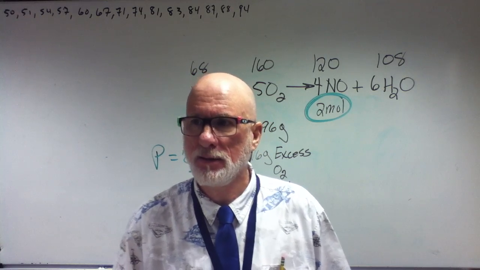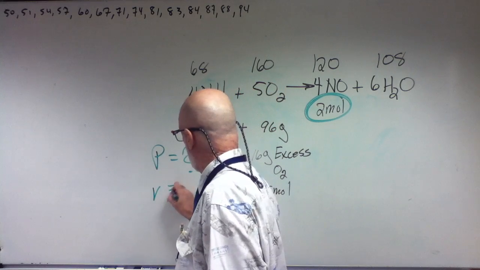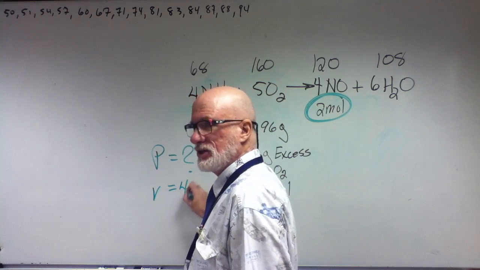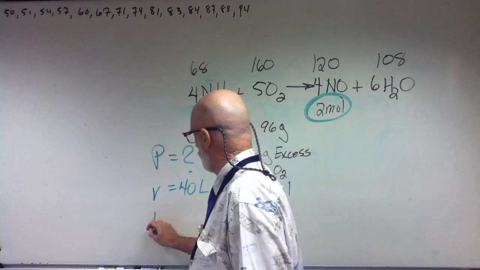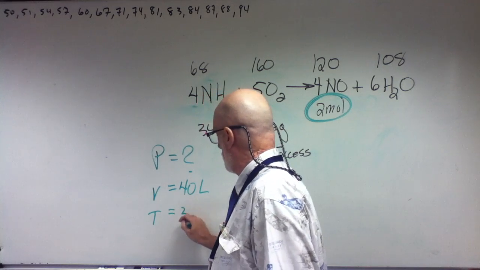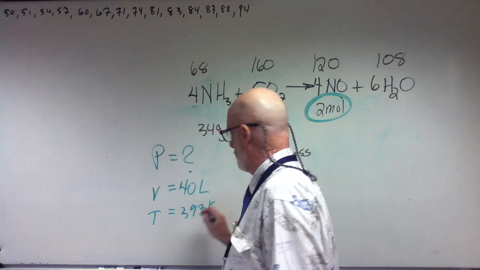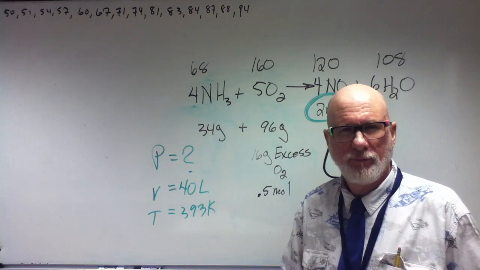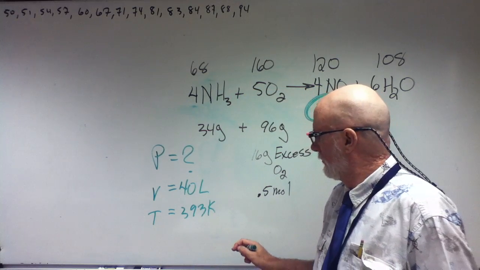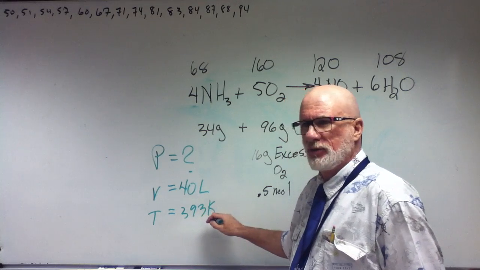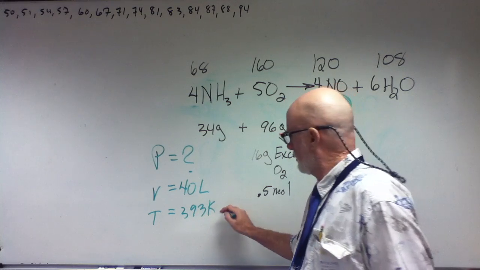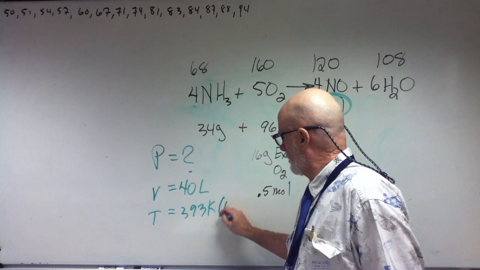So a volume of 40 liters, and the temperature of 393 Kelvin. They give it to you in Celsius, which is 120 Celsius.